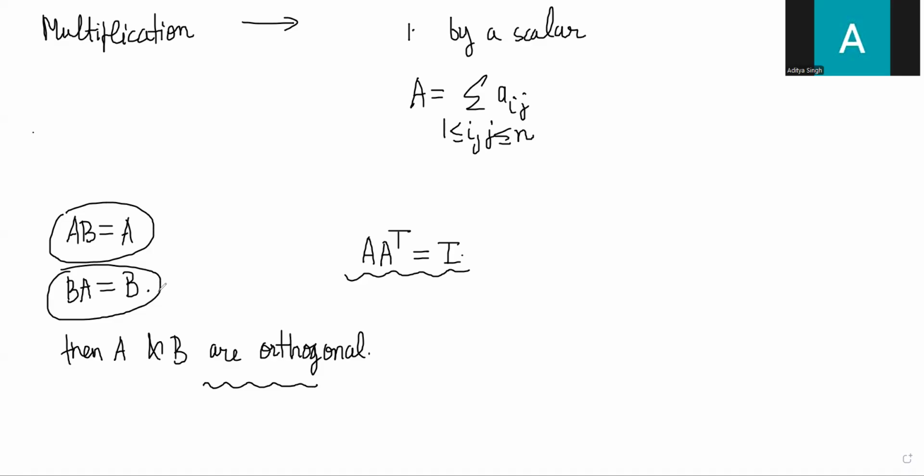Yes, sir. Okay, so I will take a transpose on this, दोनों साइड ट्रांसपोज। ट्रांसपोज लेने का प्रॉपर्टी पता है कैसे होता है? यहाँ पे क्या लिखेंगे? A transpose B transpose is equal to B transpose, right?